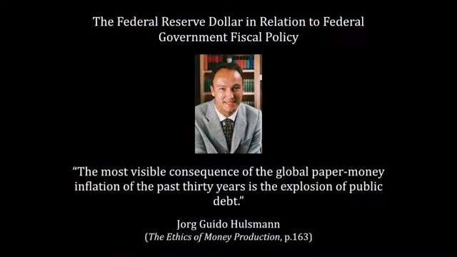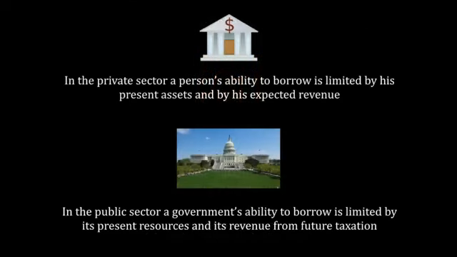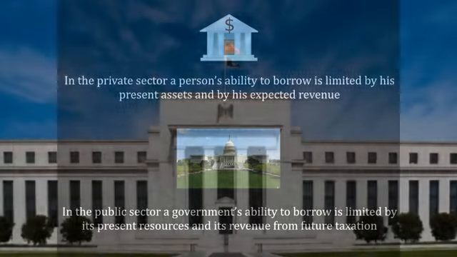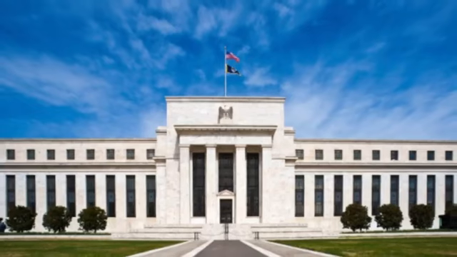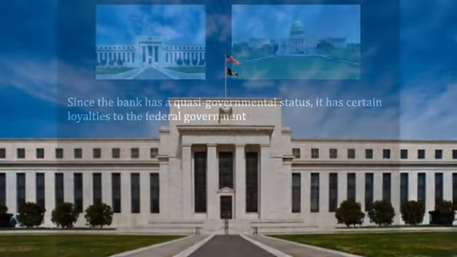Holzman observes, "The most visible consequence of the paper money inflation of the past 30 years may be the explosion of public debt. In the private sector, a person's ability to borrow is limited by his present assets and by his expected revenue. In the public sector, a government's ability to borrow is limited by its present resources and its revenue from future taxation. However, with the presence of a central bank, such as the Federal Reserve Bank, the situation has changed.